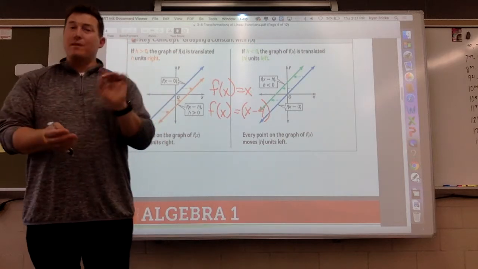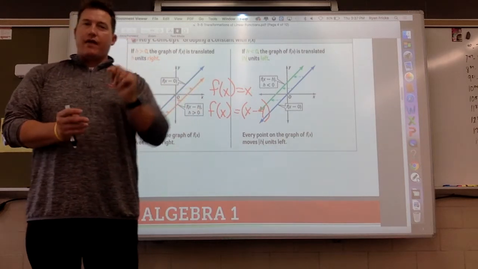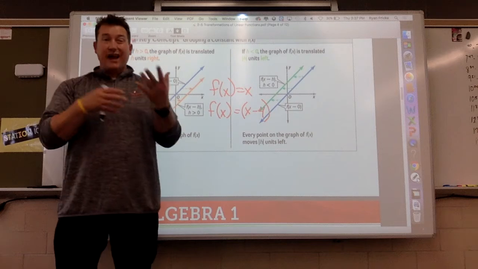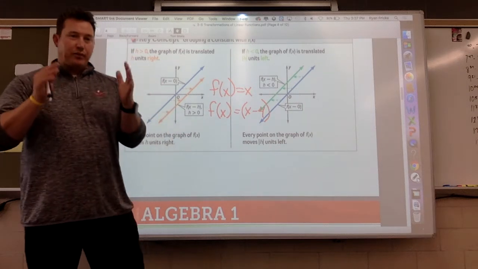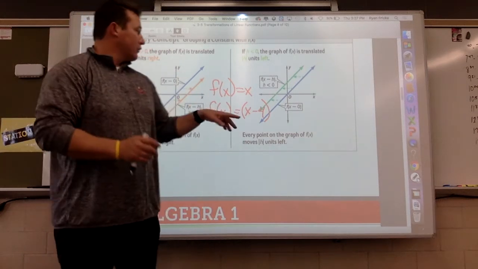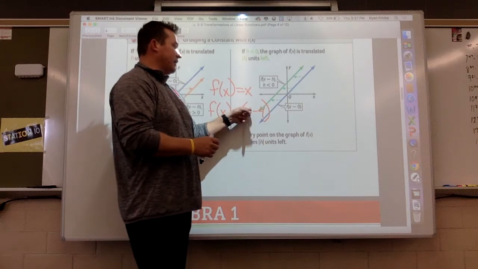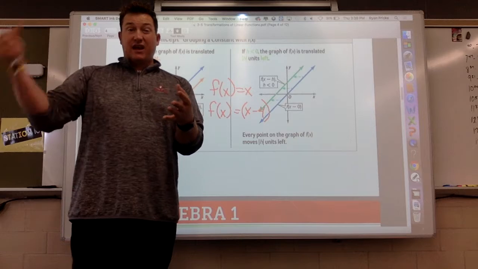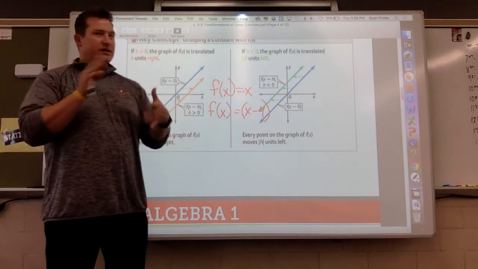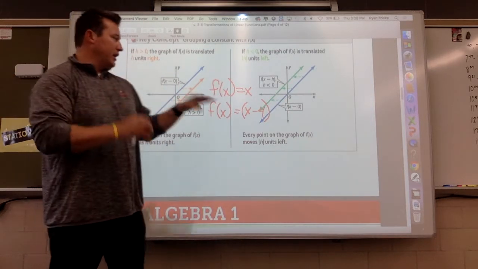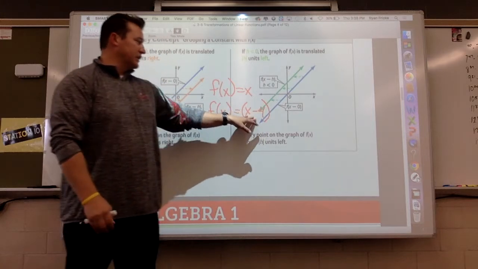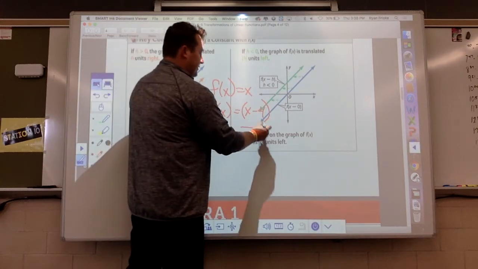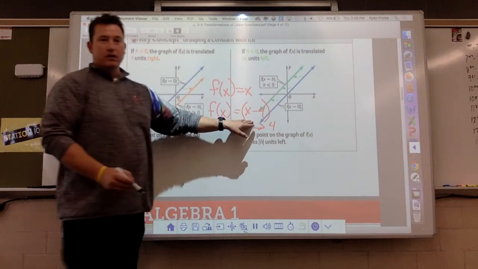If we put it on a graph, we might be tempted to say, oh yeah, that went down 4 units. Because it kind of looks like that. But unfortunately, parentheses are kind of a big deal, right? When our parentheses are saying, hey, we want you to take x and subtract 4, it's kind of different than if we just had an x value minus 4. I know it doesn't sound like a lot, but it will make a difference, right? So this is really a right 4 unit one.